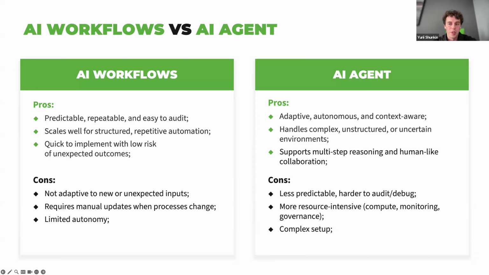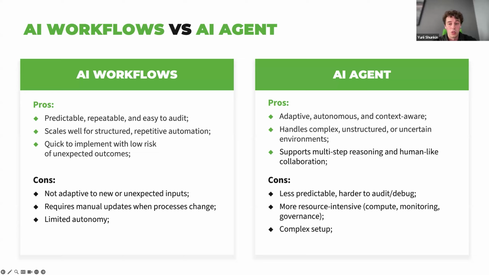Usually when you have a well-defined process pipeline and understand all the steps, you should go with AI workflows. For more complex scenarios, when flows are too complex or can dynamically change, the most common example is customer support, where you do not know what a particular customer will ask and what problem they have and how to solve it, then probably you need to go with an AI agent and can skip the workflows part altogether.